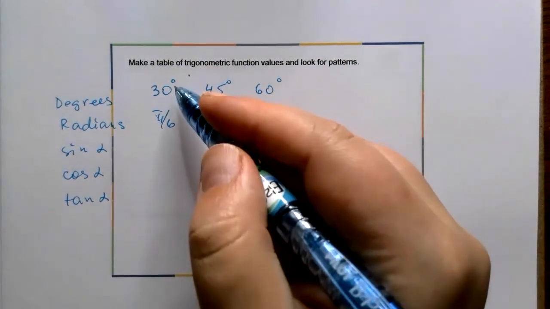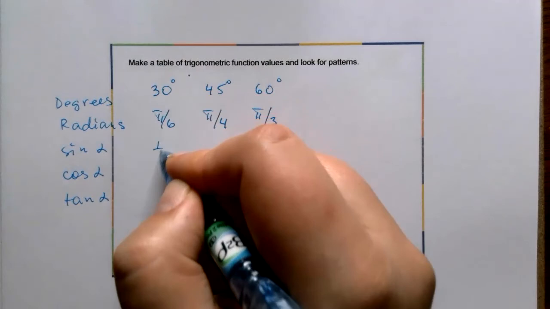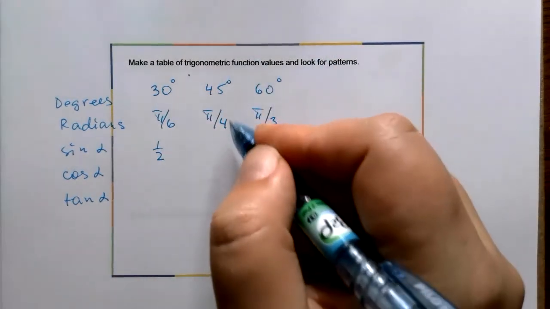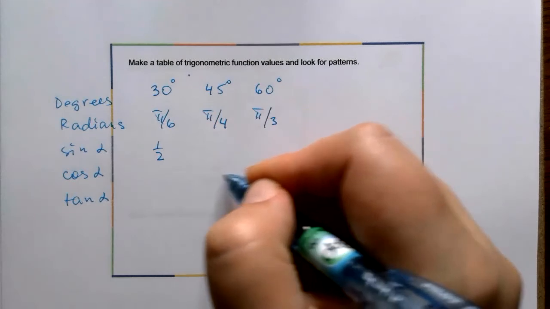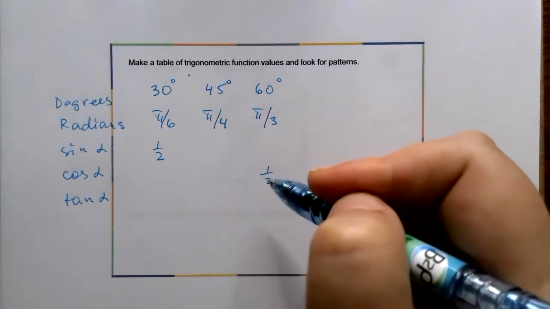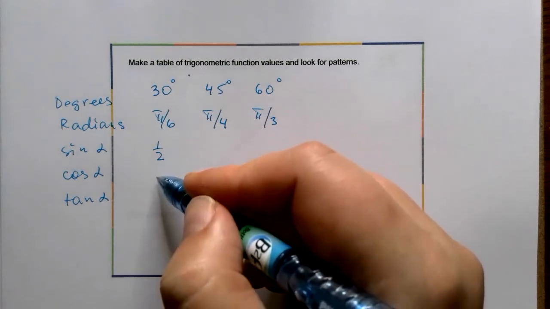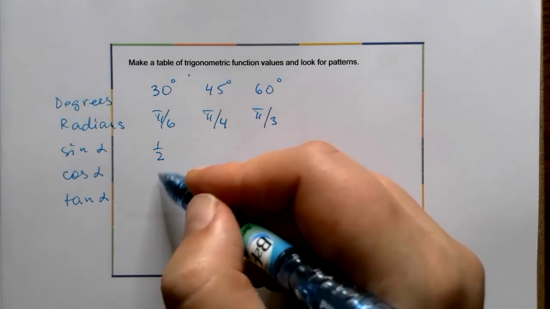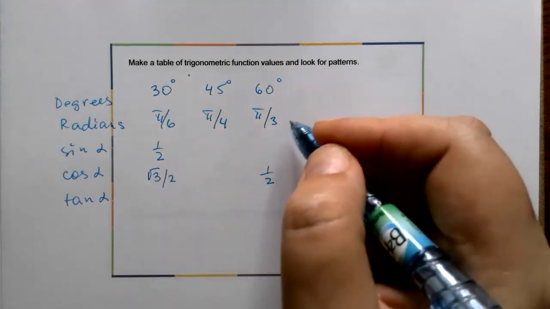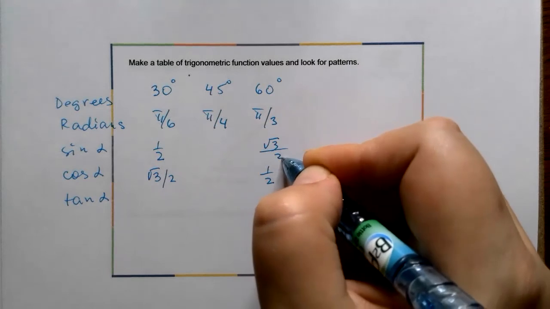Okay, so the sine of 30 degrees is 1/2, and so is the cosine of 60, right? 1/2. And then the cosine of 30 is square root of 3 over 2. And sine of 60 is the same, square root of 3 over 2.